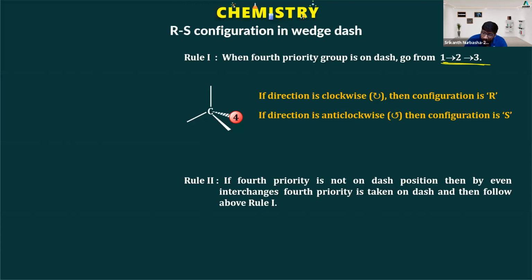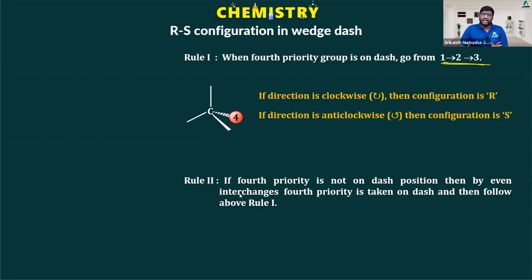If a fourth priority group is not on dash position, then by even exchanges, because if you perform even number of exchanges, configuration will not be changed, right? Then by even exchanges or interchanges, fourth priority is taken on dash line and then follow rule 1. What is rule number 1? If fourth priority is on the dash line, assign the configuration, look at whether clockwise or anti-clockwise.